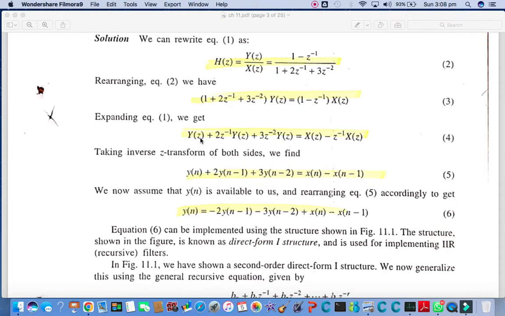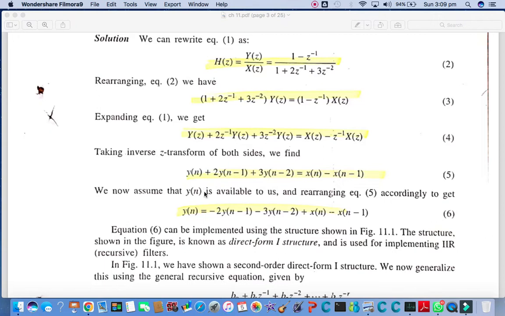Y(z) converts into y(n), and with the delay element, z^-1 Y(z) converts into y(n-1). This is a delayed output, and z^-2 Y(z) will convert into y(n-2), X(z) will convert into x(n), and z^-1 X(z) will convert into x(n-1).